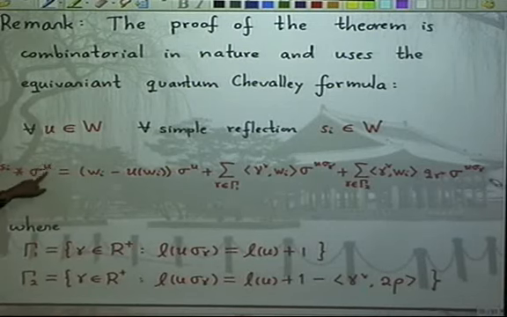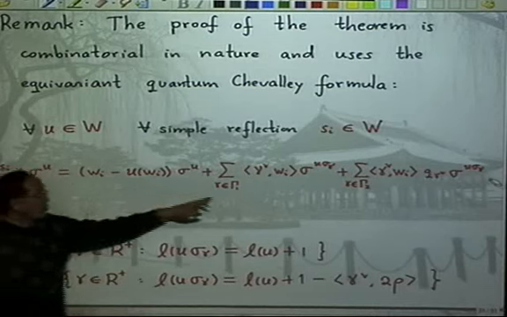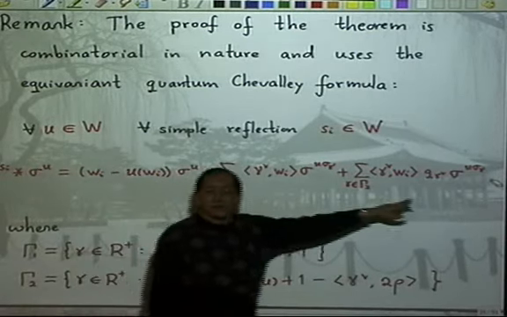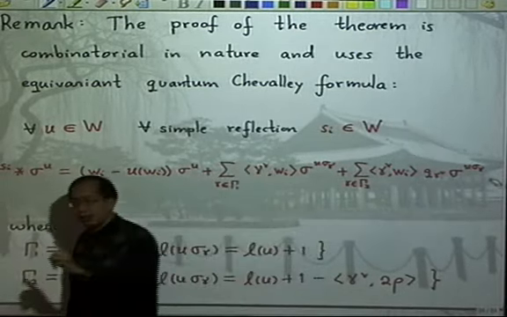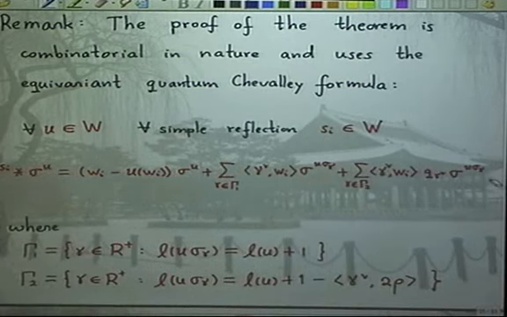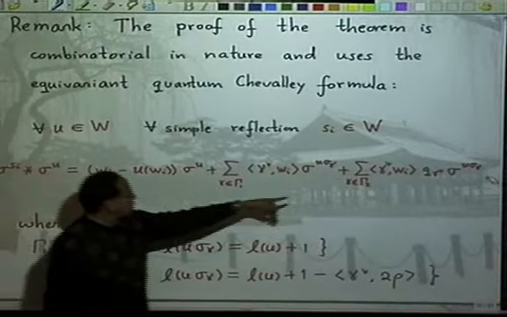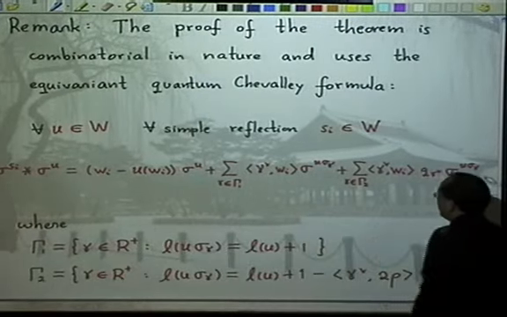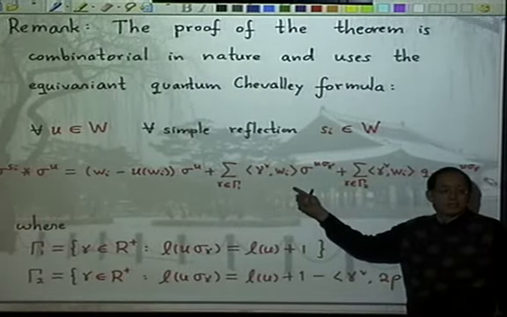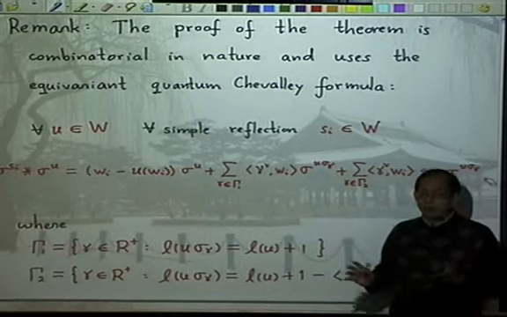This is a general element, but if this one is just one reflection, then there is a formula, called the Chevalley formula, and you can write it in terms of a classical part and a quantum part. In this particular case it's not too complicated, because the quantum part, in a way, looks very similar to the classical part. There's no very complicated term.